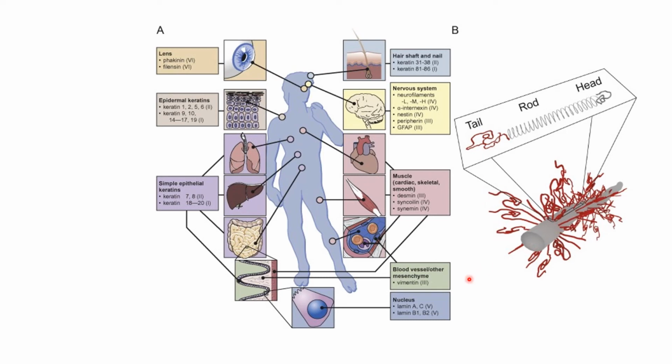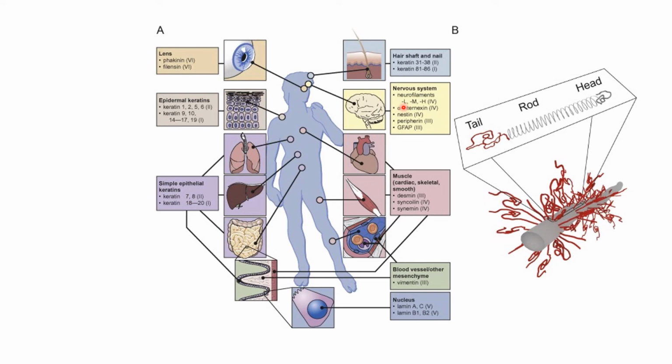And there is also here the vimentin, which is making up the fibroblast and the blood vessels, for example. There are also the neurofilaments here, which make up the nervous system or the neurons.